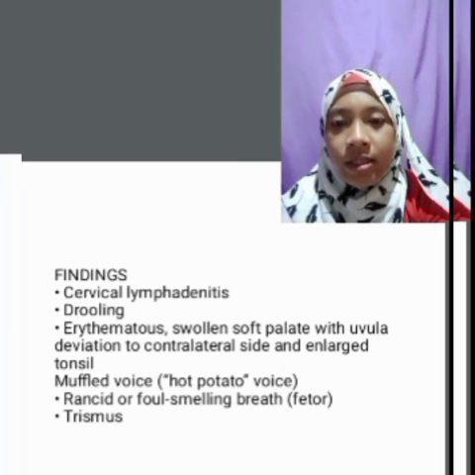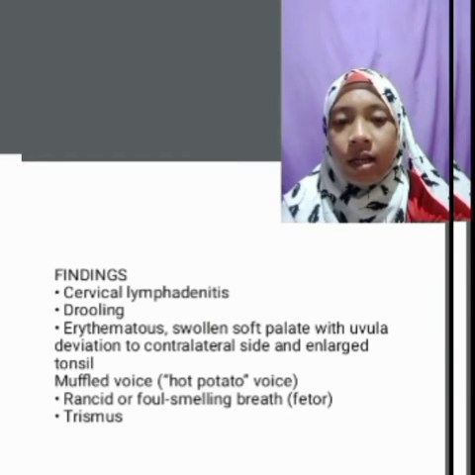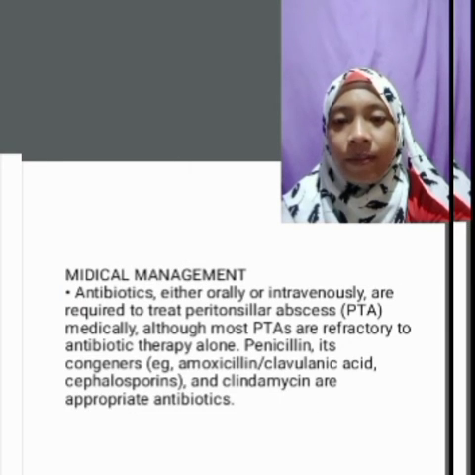Findings: cervical lymphadenitis, drooling, erythematous swollen soft palate with uvula deviation to the contralateral side, and enlarged tonsil. Muffled voice and hot potato voice, rancid or foul smelling breath, and trismus.